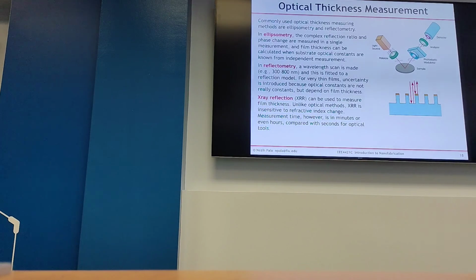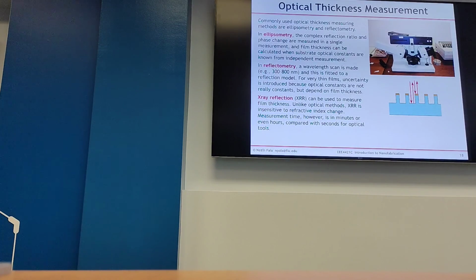Then, as a second parameter to increase the number of equations, you can change the wavelength, that's the color of the light. So you can change both the wavelength and the angle, and you'll have more equations to solve more unknowns. Reflectometry is simply to shine light, reflect it, and measure it back, and that allows you to measure the thicknesses. X-ray reflectometry uses X-rays. But this is a simple ellipsometry tool that is commonly used for thin film measurements.